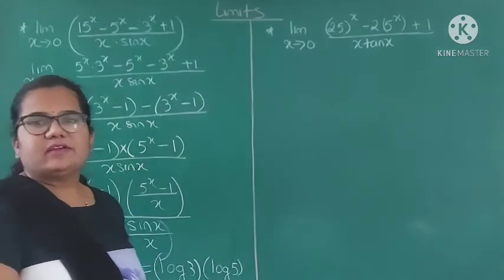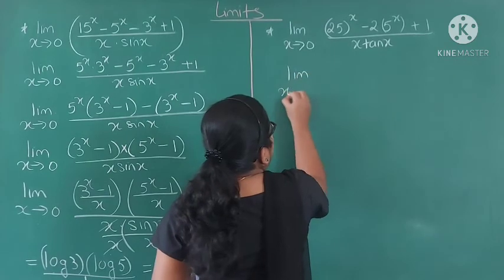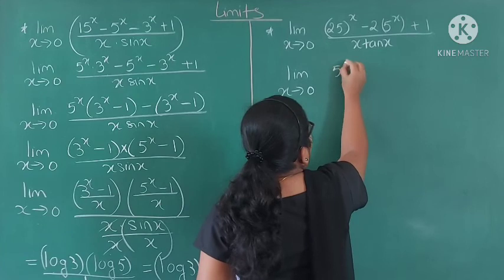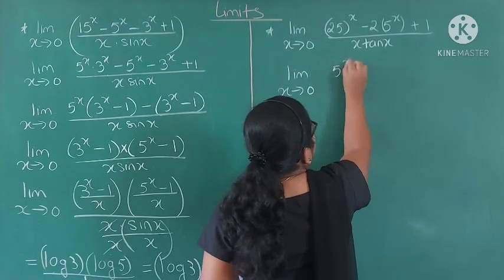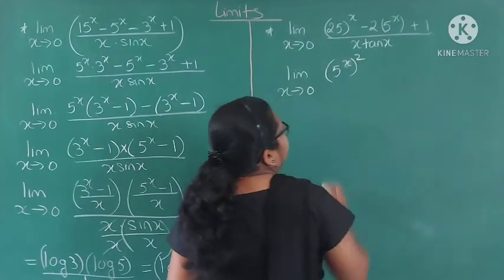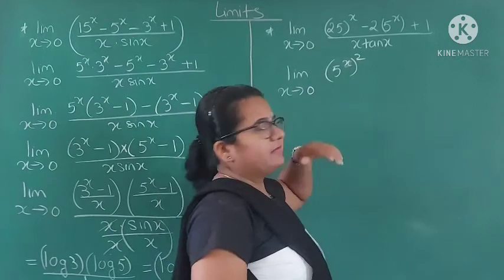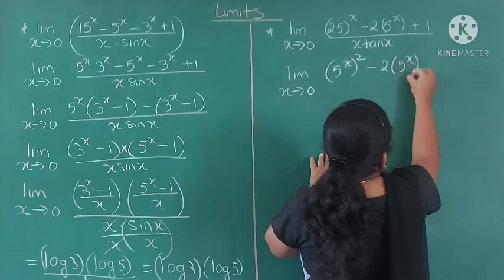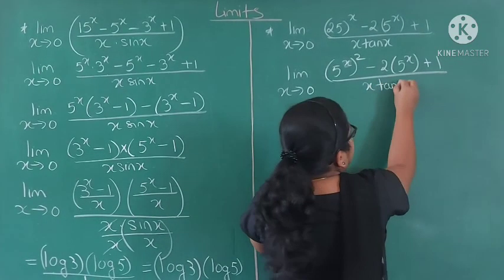Can I write 25 as 5 square? So see what this will become. Limit as x tends to 0, 5 raised to x square. Okay, I can write this because 5 square is 25. So 5 raised to x square minus 2 into 5 raised to x plus 1 upon x tan x.